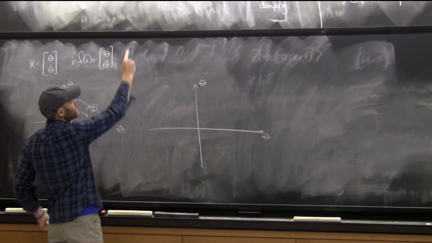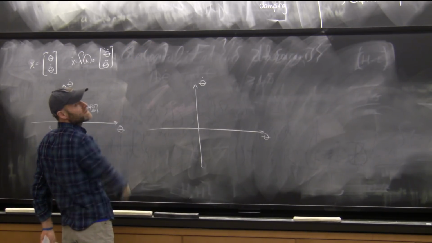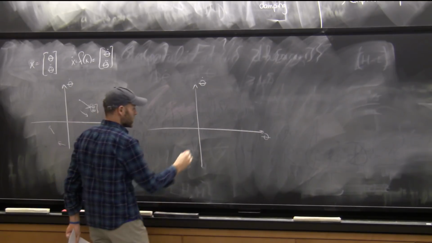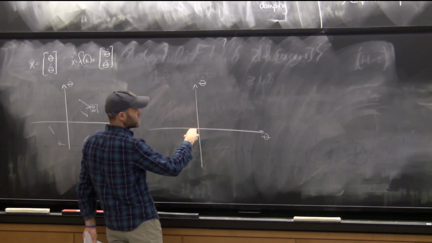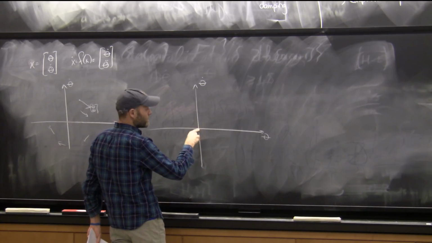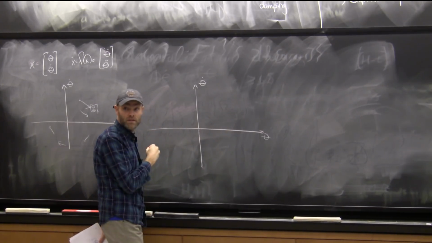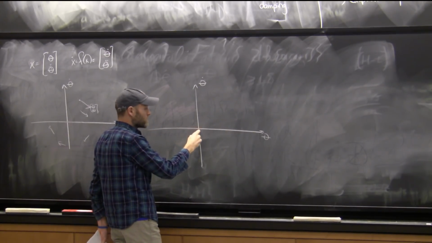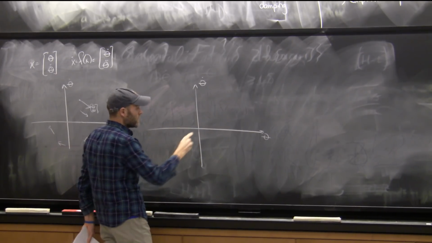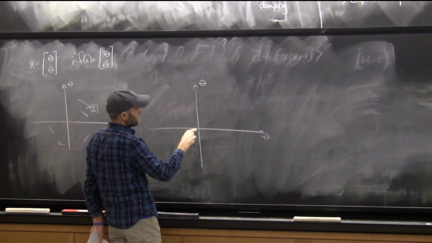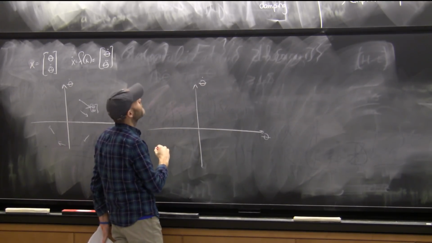It just looks like theta double dot is negative g over L sine theta, so the theta dot term will be 0, if you think about it. So every vector along this line is going to have no horizontal component. Theta dot equals 0 implies that the x component of my vector, which was theta dot, is also going to be 0. The y component is going to be theta double dot, which is just negative g over L sine theta.